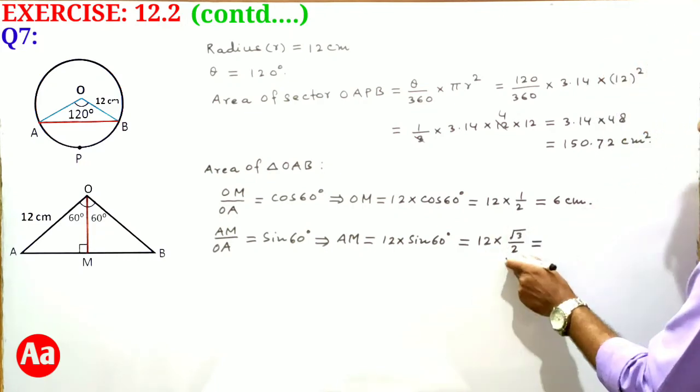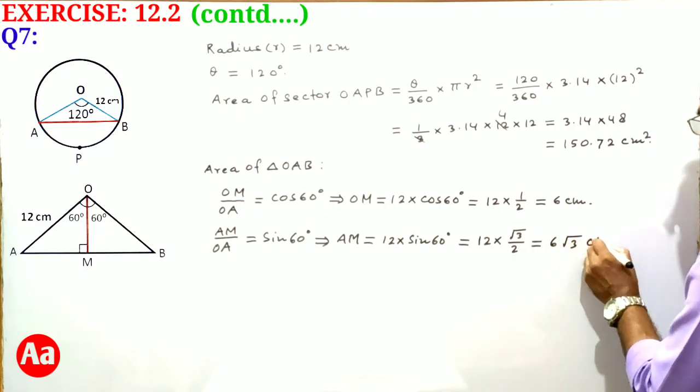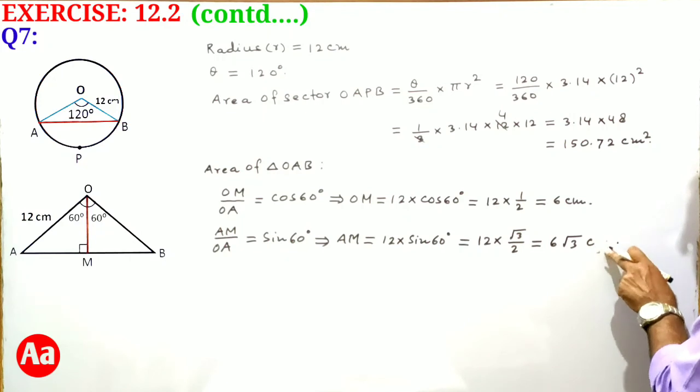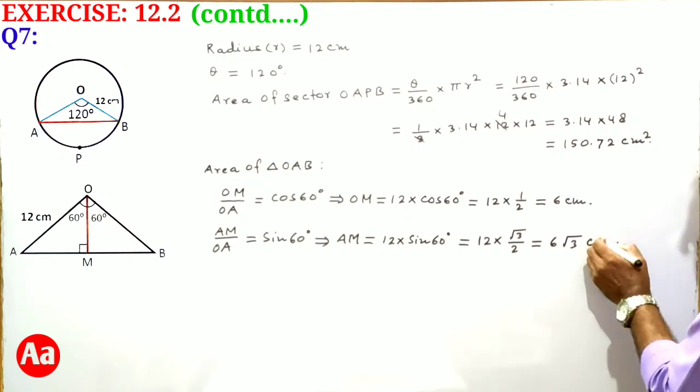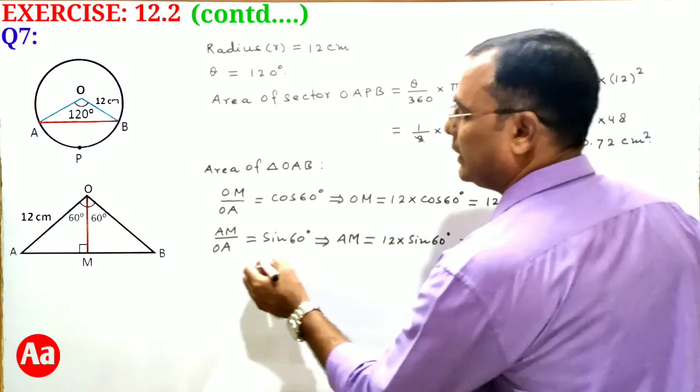So 12 into root 3 by 2 equal to 6 root 3 centimeter. So we have calculated AM, that is 6 root 3.